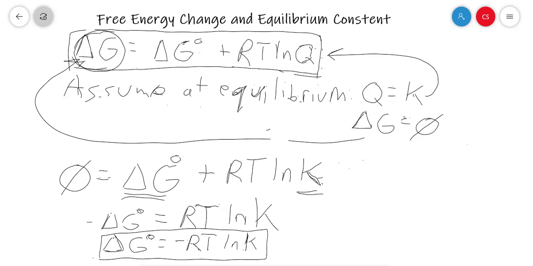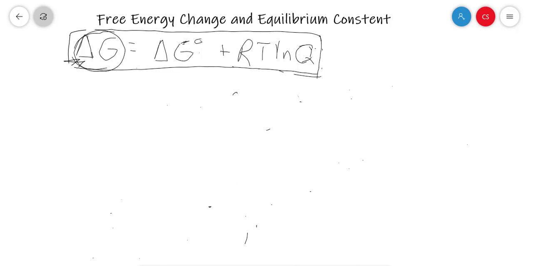There's also another relationship we can get from this one. So let me make some room here on the page to do that. Write that at the top: delta G0 equals minus RT natural log of K, the equilibrium constant.